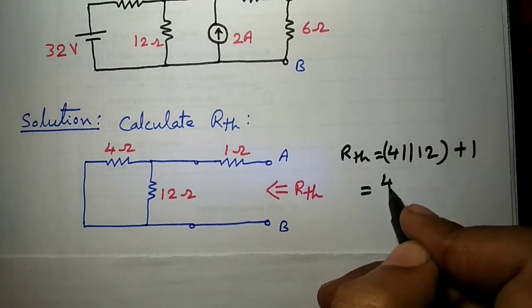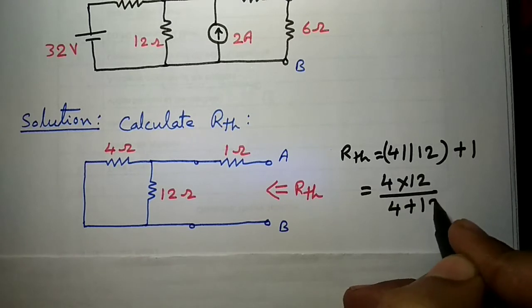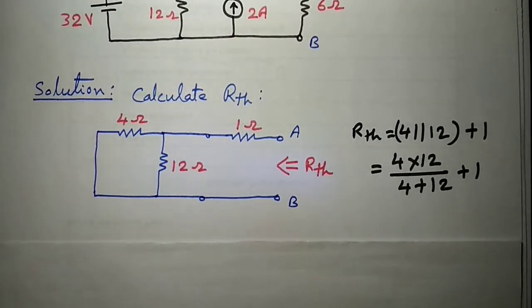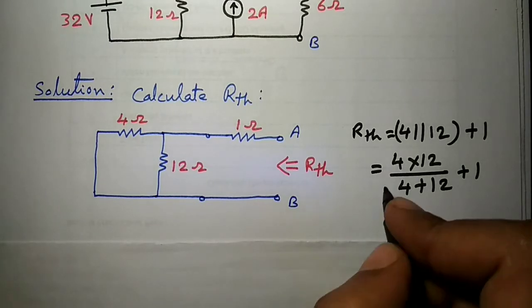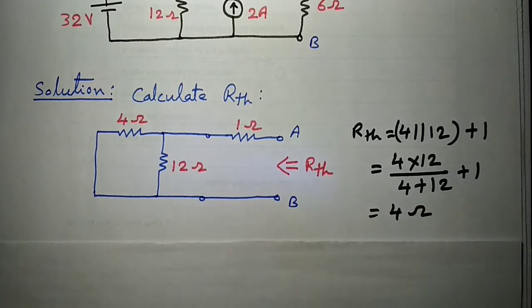So it will be 4 into 12 by 4 plus 12 plus 1. And if we simplify, it will be 4 ohms. So that is our Thevenin equivalent resistance.